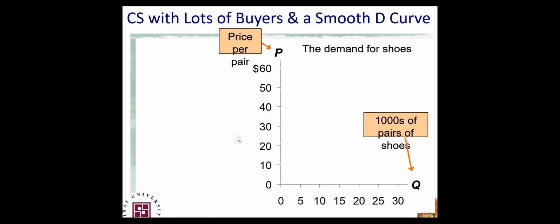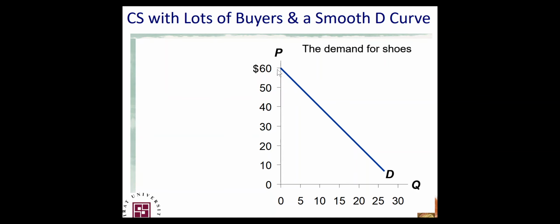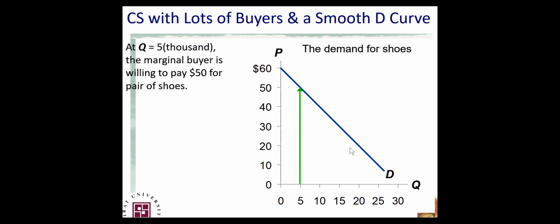So let's think about another example. As I said, in a competitive market, we have millions of buyers and sellers and many transactions, and that's why we will have a smooth demand curve like this. Let's say we speak about thousands in this case, so 5,000s, 10,000s, 15,000s, etc. And this is the price for a pair of shoes.